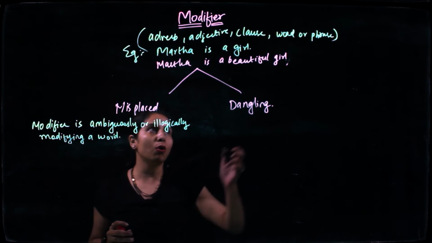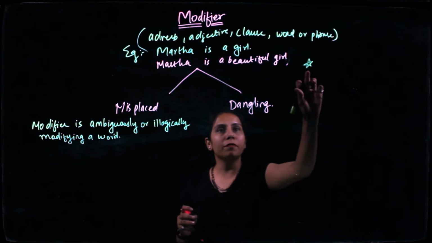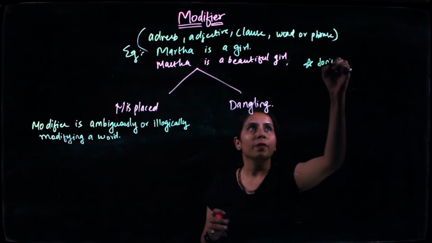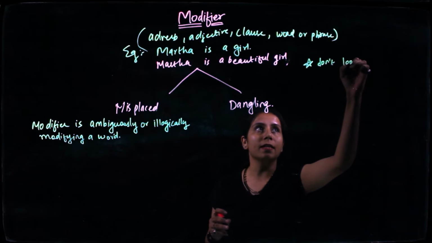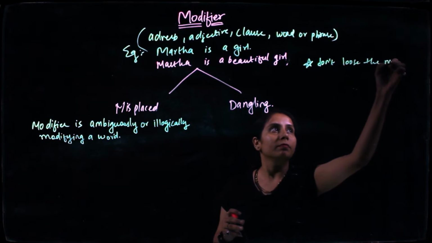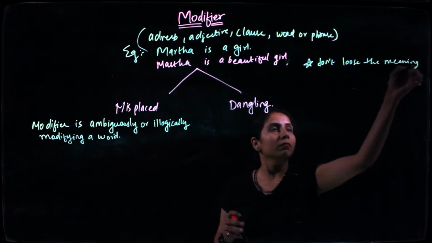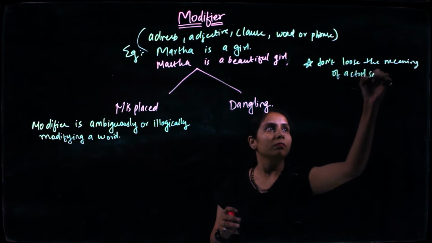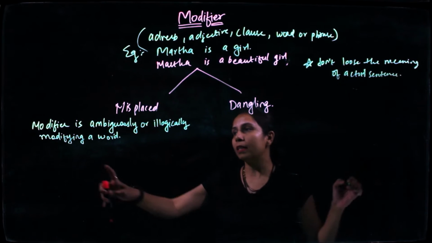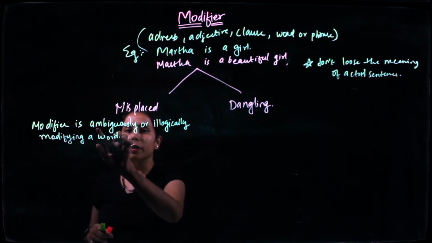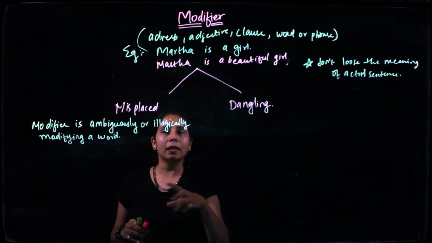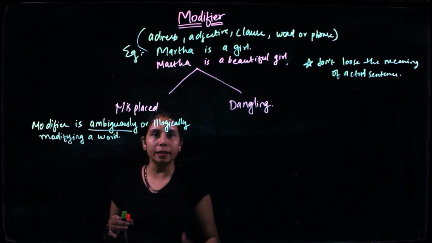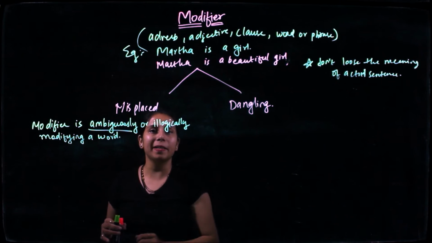The main thing that you need to always remember is that when you are modifying a sentence, you don't lose the meaning of the actual sentence. That's the criteria. So when you are modifying, in the case of a misplaced modifier, somewhere illogically or ambiguously, in the sense of confusingly, it is confusing the reader, then we say it is a misplaced modifier.